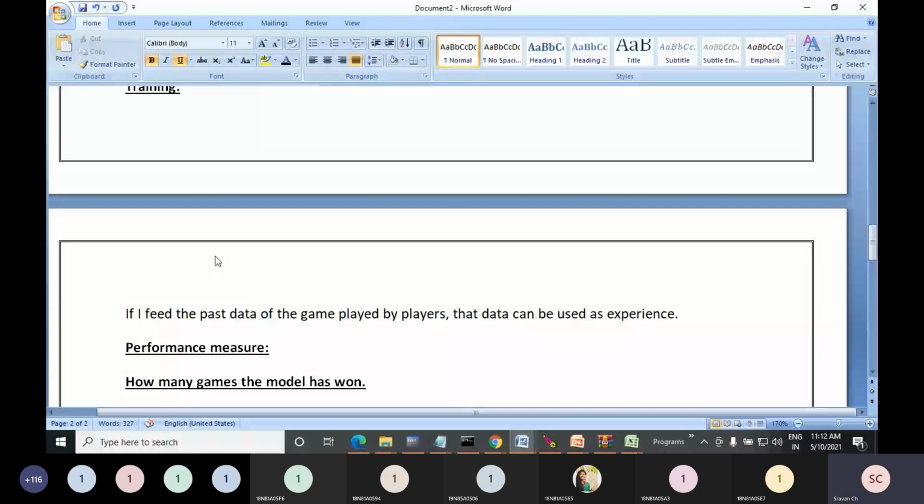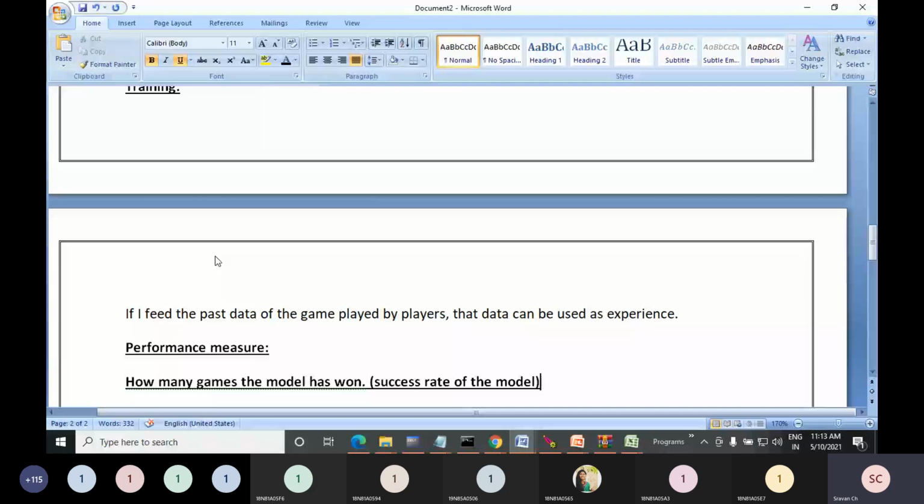That's the reason it is failing. So performance measure means how many games the model has won. You can simply say the success rate. The success rate of the model defines the performance.